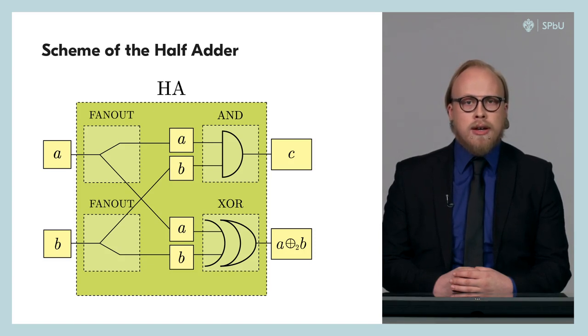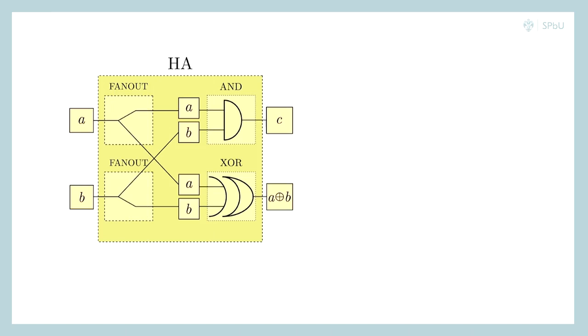To fully describe the work of the half adder, let's write down its truth table. So, let's construct the truth table for the half adder. At the input, we have bits A and B, and at the output, we have bits C and A plus B. So, let's consider all possible variants of input bit values. It's 0, 0, 0, 1, 1, 0, and 1, 1.